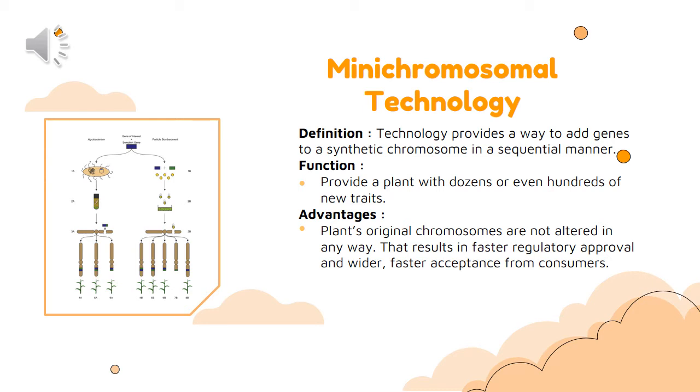Mini chromosomes may be used to provide a plant with dozens and perhaps even hundreds of traits. However, what is most intriguing about mini chromosome technology is that a plant's original chromosomes are not altered in any way. That results in faster regulatory approval and faster acceptance from consumers.